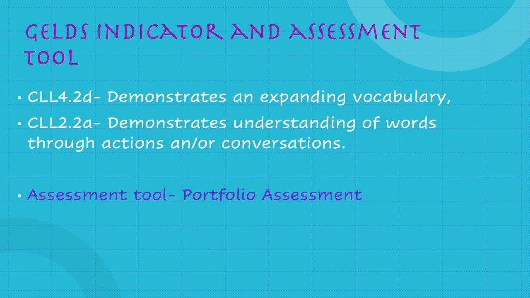The JELDS indicators that I've included for language development are CLL4.2d, demonstrates an expanding vocabulary, and CLL2.2a, demonstrates understanding of words through actions and/or conversations. An assessment tool that I will use here to assess children's learning would be portfolio assessment.